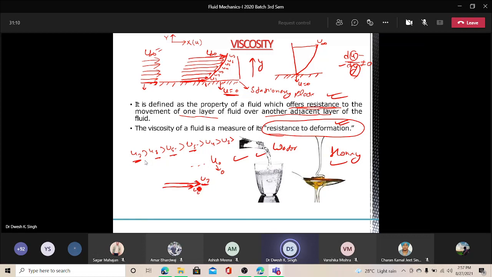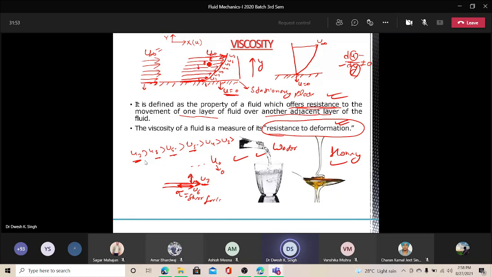And obviously, if it resists, then a force will act in this direction. If this force is parallel to the surface, it will be the shear force. If you take it over a particular area, then it will be the shear stress. So due to this imbalance in fluid velocity, stress comes into the picture between the two different layers.